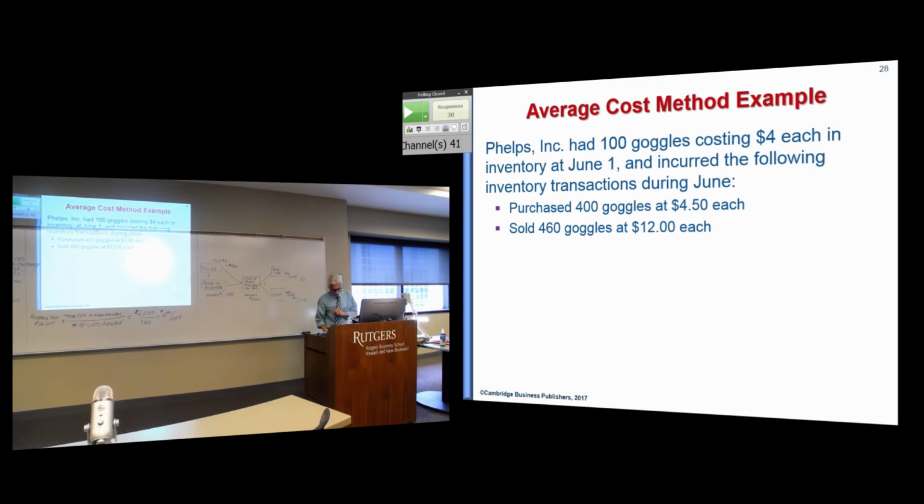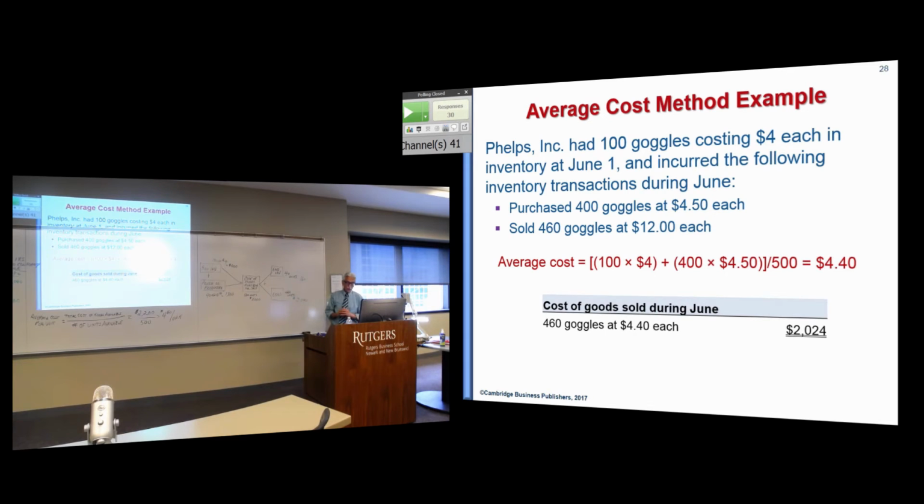So, in this case, the calculation is that the units sold would be 460 units at $4.40, $2,024, and cost of goods sold, 40 units at $4.40, and it's $176.